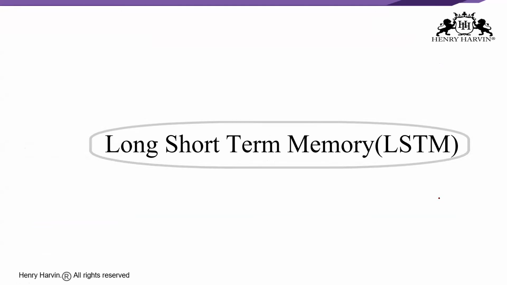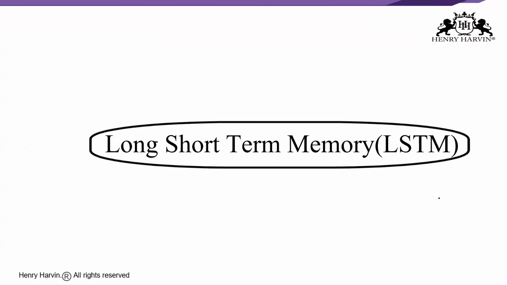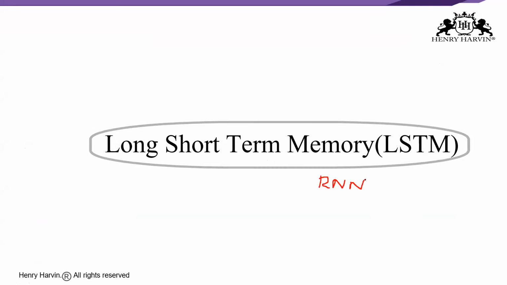Hello everyone. In this video, let us discuss long short-term memory, which is in short called LSTM. So LSTM is an advanced RNN, an advanced recurrent neural network, a sequential network that allows information to persist.